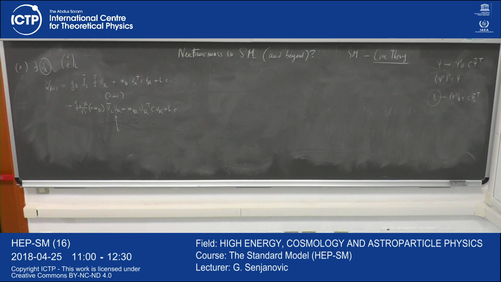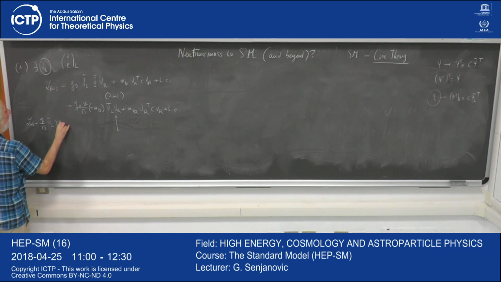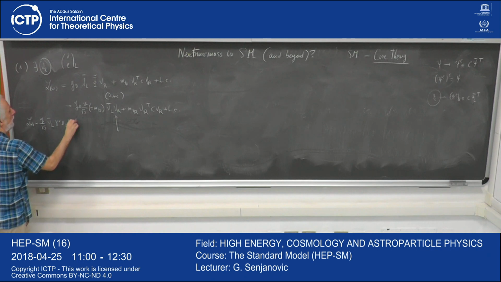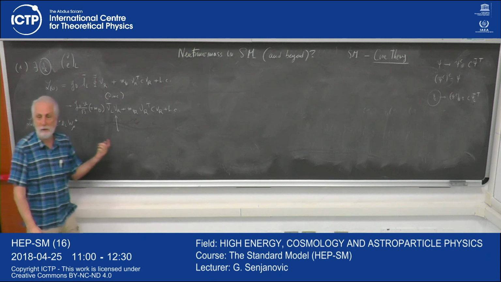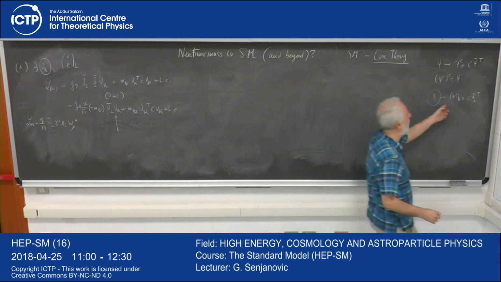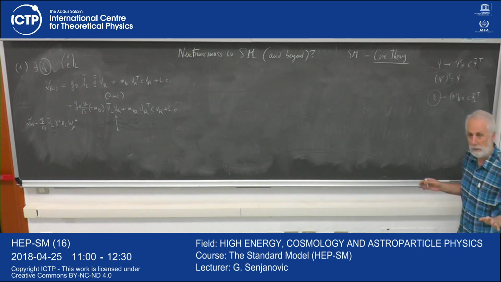The reason we speak of a left-handed neutrino in the standard model is because this is the way the neutrino couples to the electron in the W boson: nu L bar, gamma mu, e L, W mu plus. This is why I call it a left-handed neutrino, because it interacts with the electron with a left-handed component. But if there is a left-handed neutrino, there is also a right-handed anti-neutrino. Just to remember.